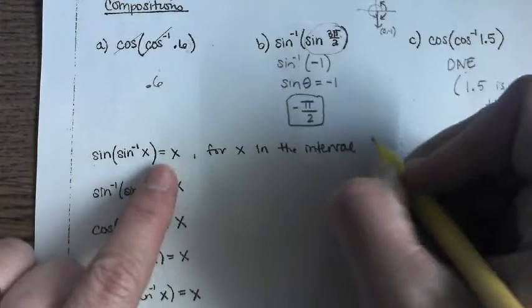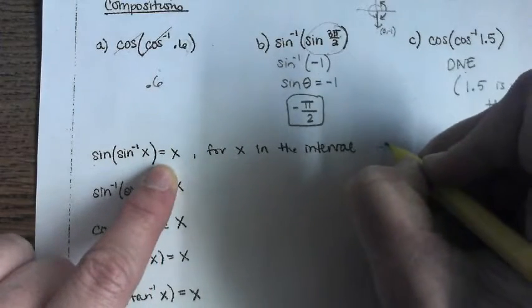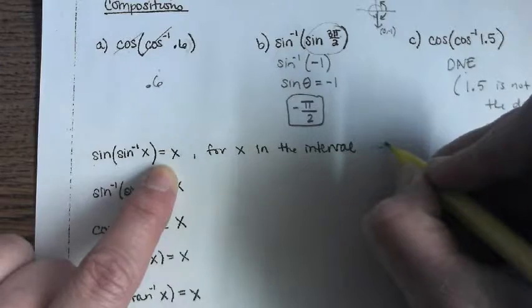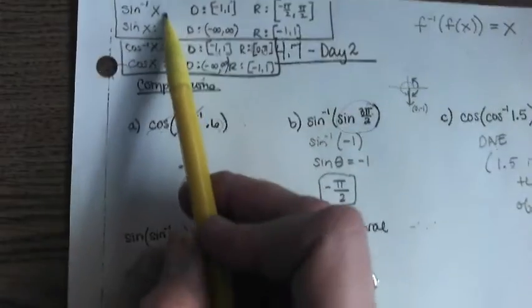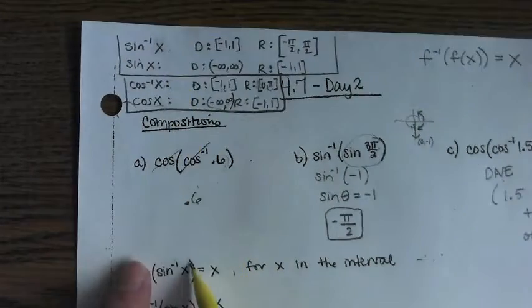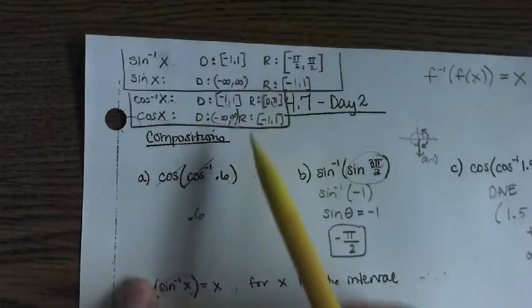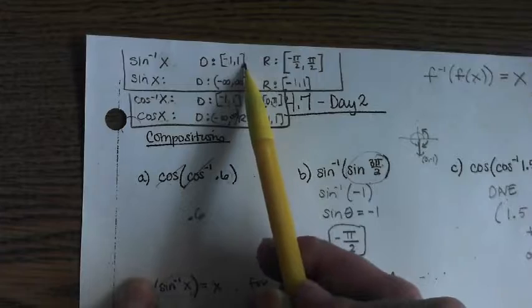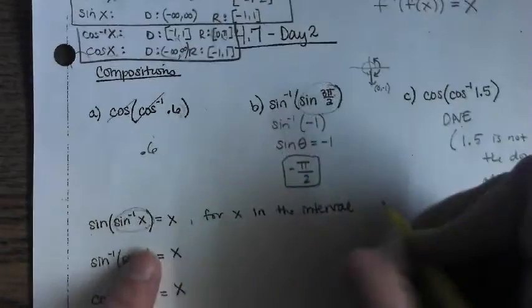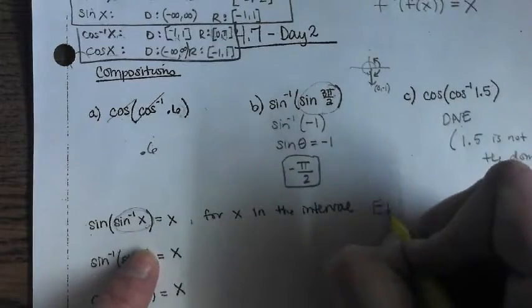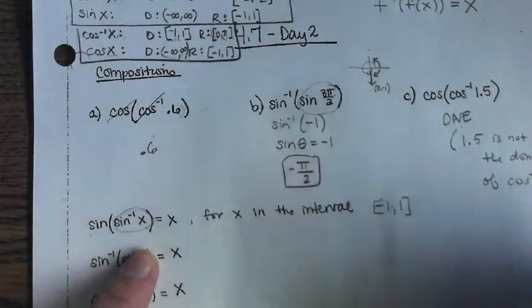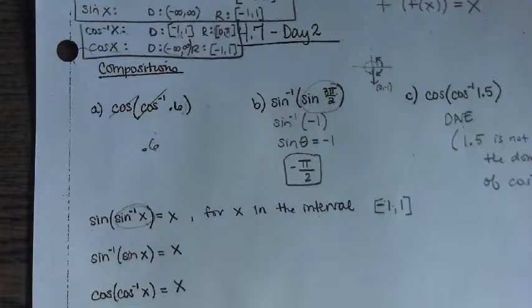Yes, only when x's are, did you say less than or equal to 1? Well, we can only take the inverse sine, and that's what's on the innermost portion of this composition. We can only take the inverse sine of numbers between -1 and 1. So this will only be true if we're looking at x's between -1 and 1.